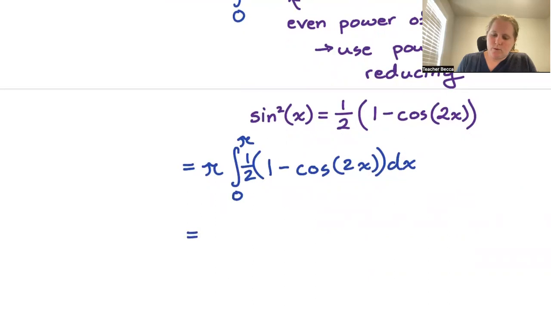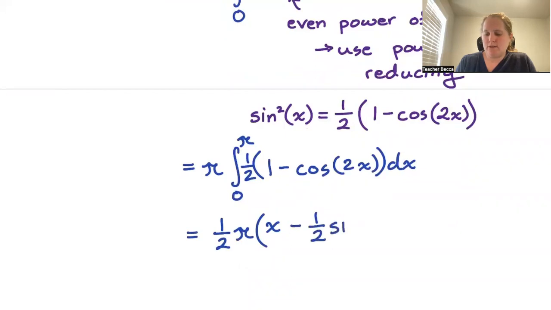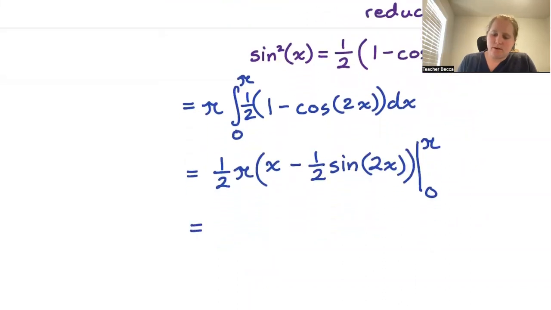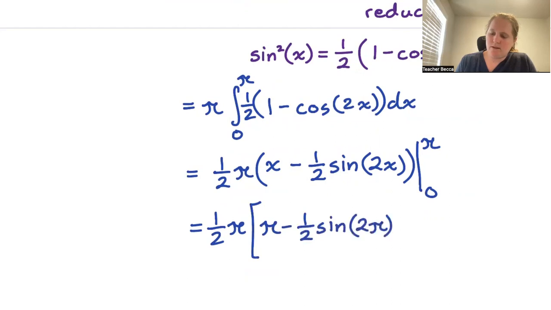This becomes 1/2 pi times 1 would integrate to x, minus cosine of 2x becomes minus a 1/2 sine of 2x. Then we are evaluating at 0 and pi. So we are looking at 1/2 pi times pi minus 1/2 sine of 2 pi, then subtracting off 0 minus 1/2 sine of 0.